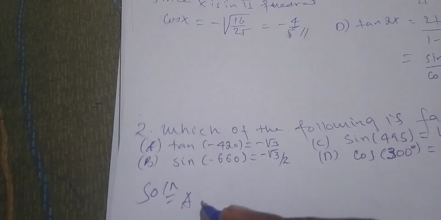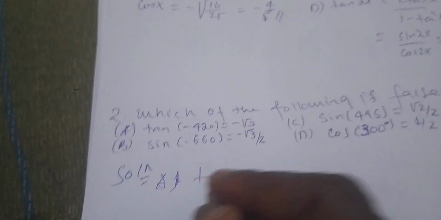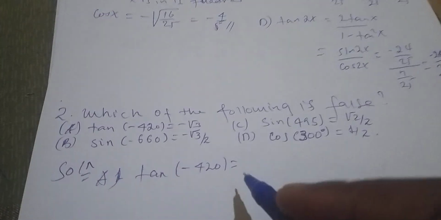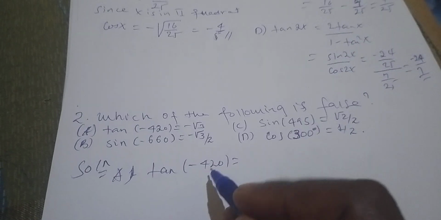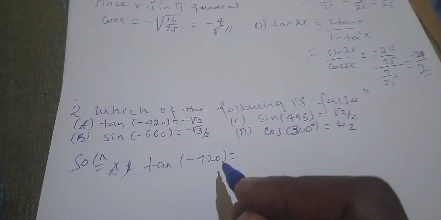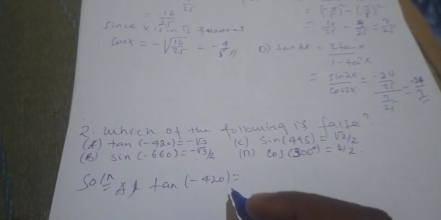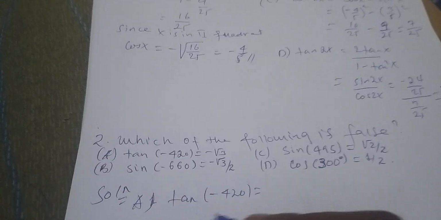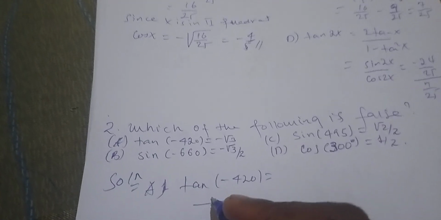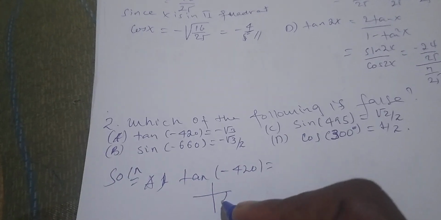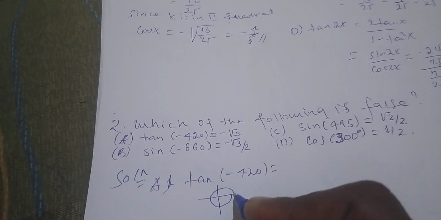For A, tan of negative 420 is equal to, so I'll find the related angle. 420 minus 360 is 60 degrees. But for negative 420 degrees, it is measured clockwise, starting from 360 degrees, and it is a fourth quadrant angle.